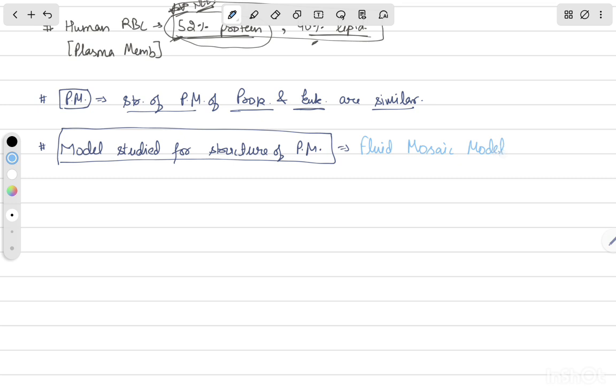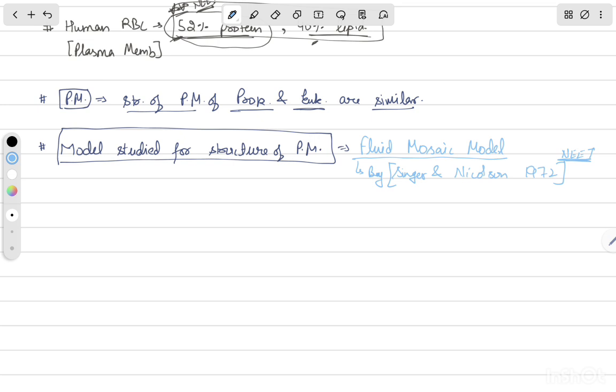This fluid mosaic model was given by Singer and Nicholson in 1972. It is very important again from the NEET point of view. This has been asked many times in NEET. It was given by Singer and Nicholson in 1972.